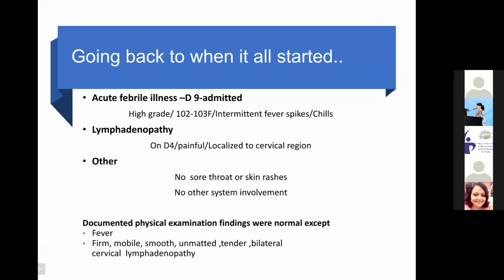Going back to when it all started, initially she was admitted with an acute febrile illness that had been going on for 9 days. Similar fever pattern along with painful lymphadenopathy. No history of sore throat or skin rashes or other system involvement. Documented physical examination findings were normal except for the fever and the cervical lymphadenopathy.